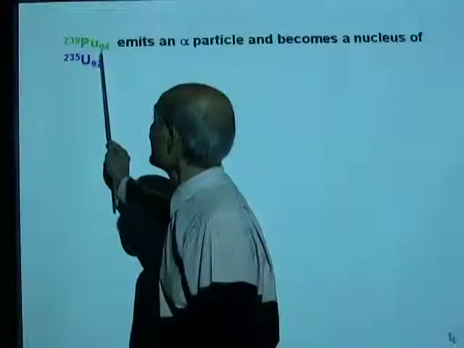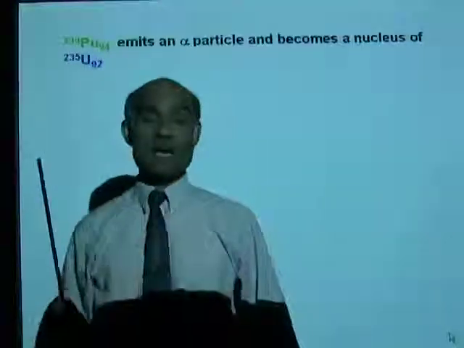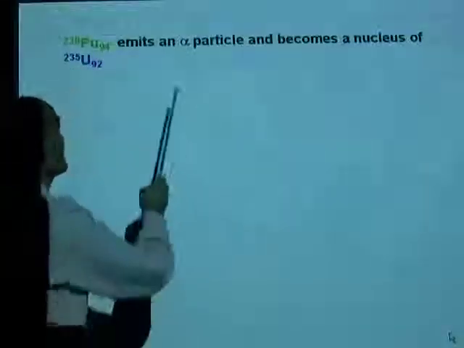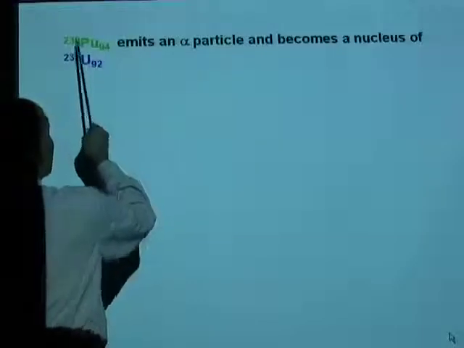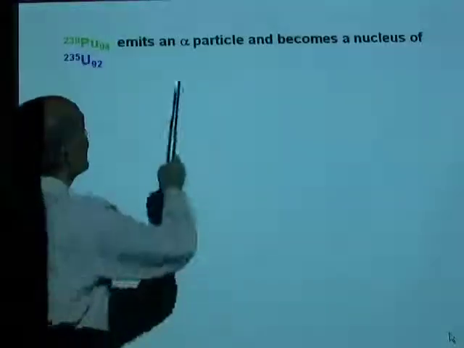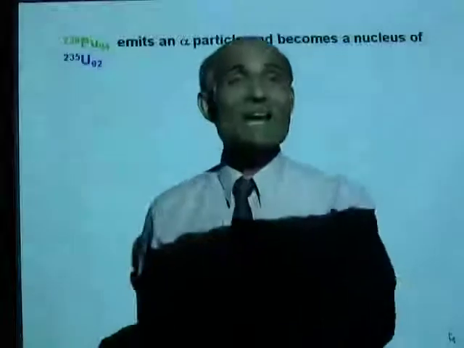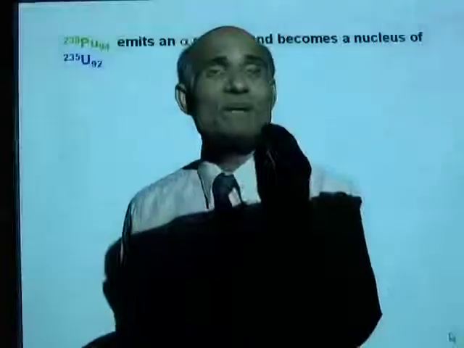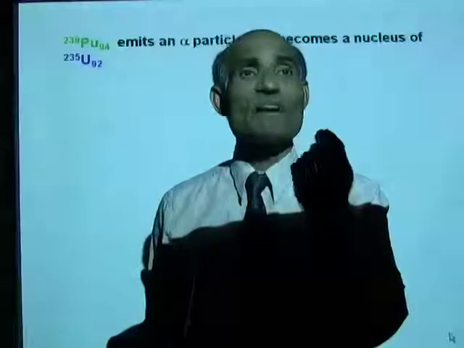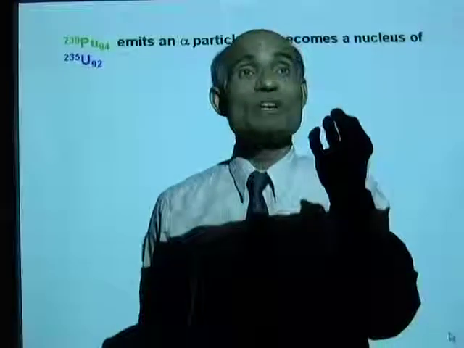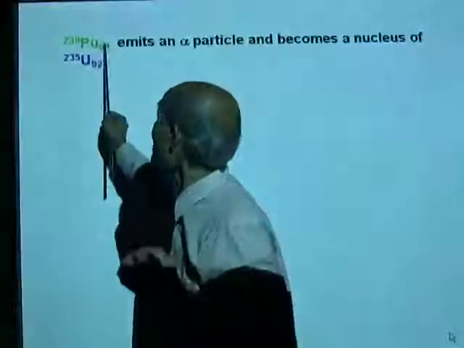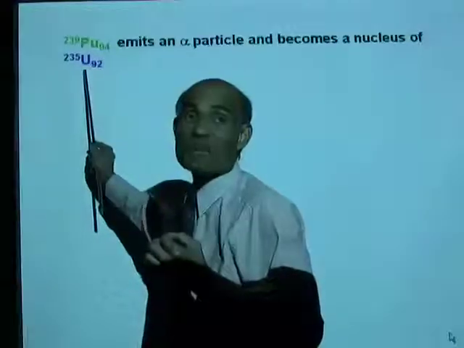For example, plutonium-94-239. Plutonium has an atomic number 94 and a mass number 239, emits an alpha particle and becomes a nucleus of an element with atomic number 94-2. And what is that element?